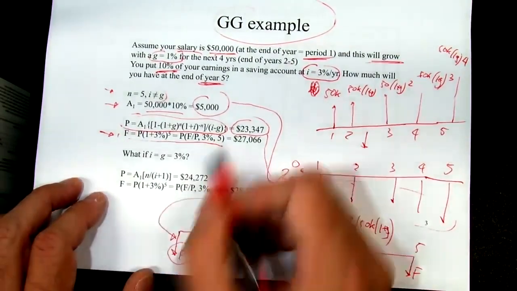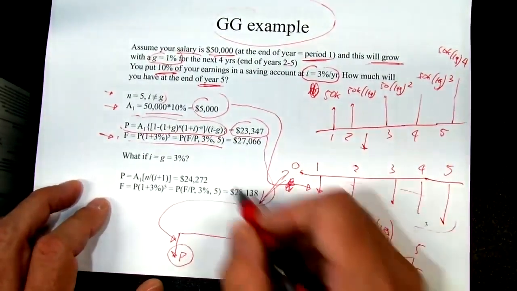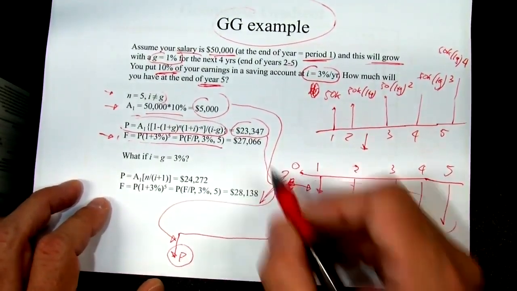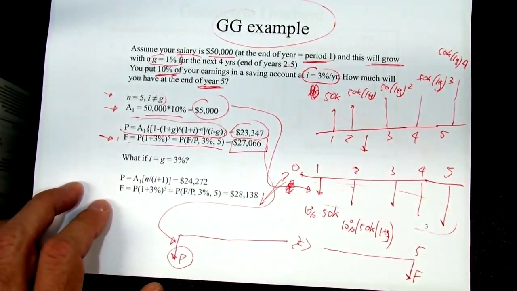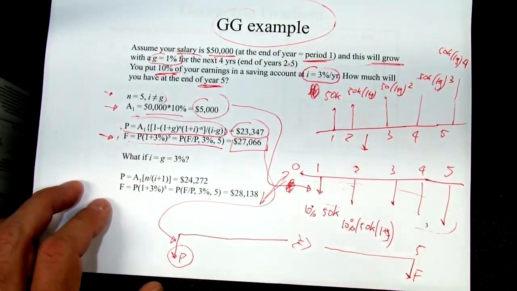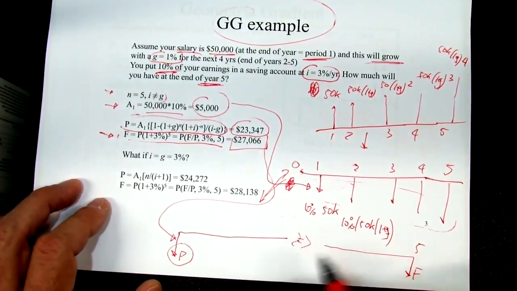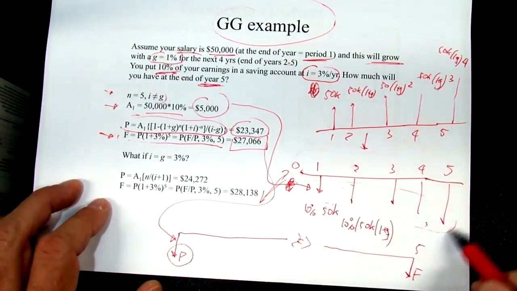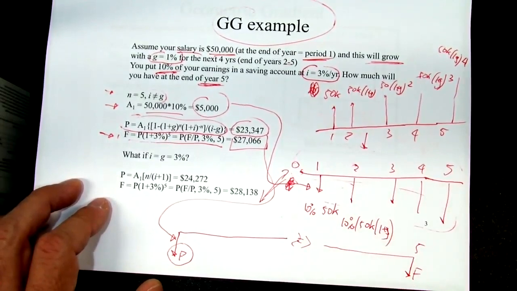So the future value, which was asked in the original question, if you do the math at 3%, because 3% is what the bank is giving you, is 27,000 more or less dollars. So this is a two-step process. Why do we need two steps? Because we don't have a direct formula that transforms this cash flow equivalently to the future amount in 5. We need to do it in 2 steps.